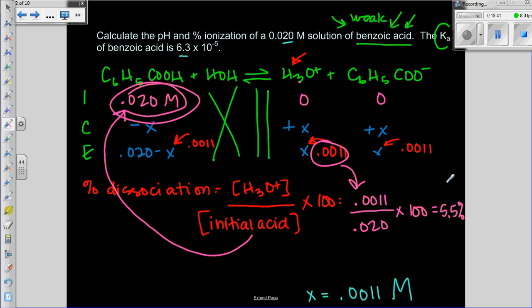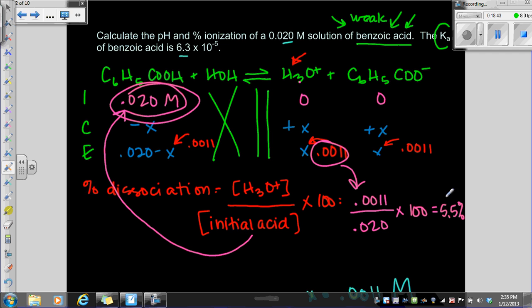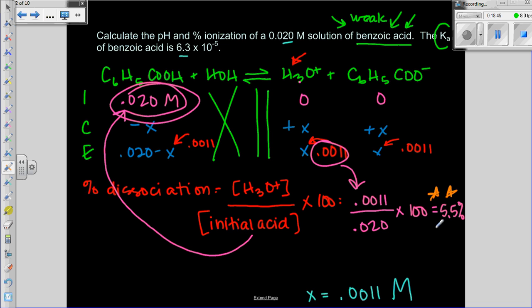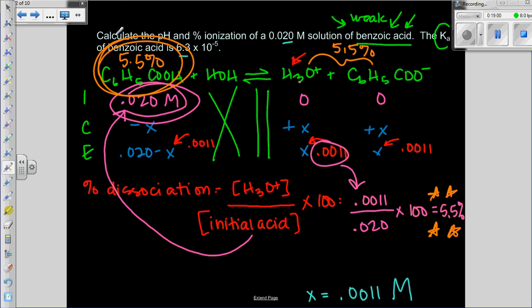So what this number right here is telling me is that only 5.5% of this acid is dissociating into ions. So I have 5.5% ions, and I would have 94.5% undissociated acid.